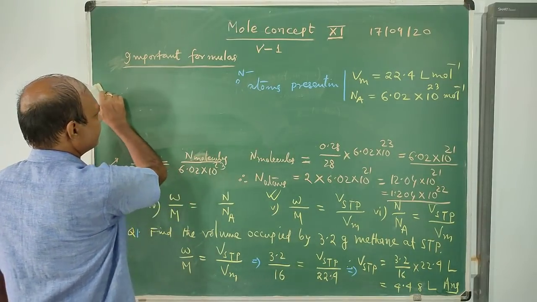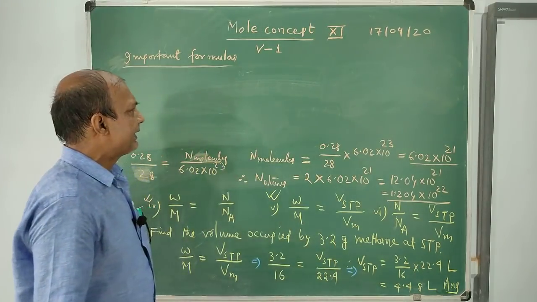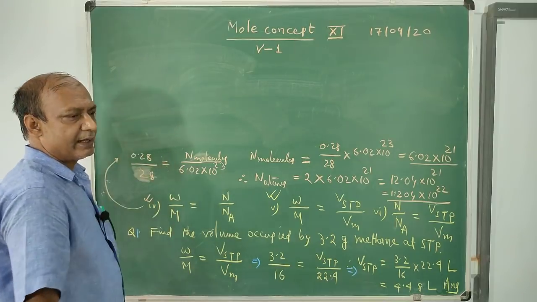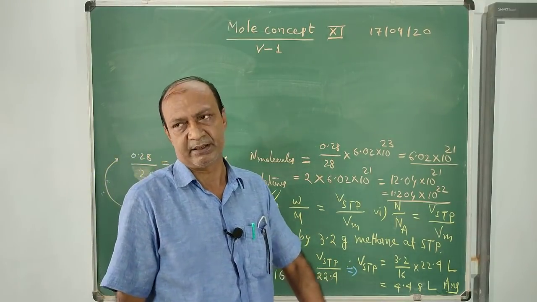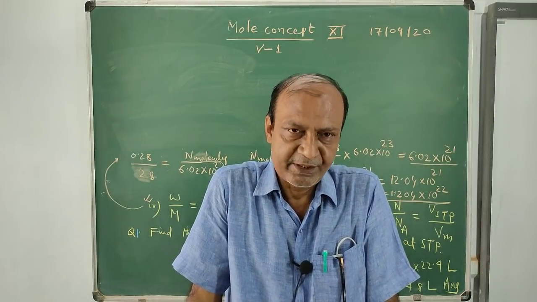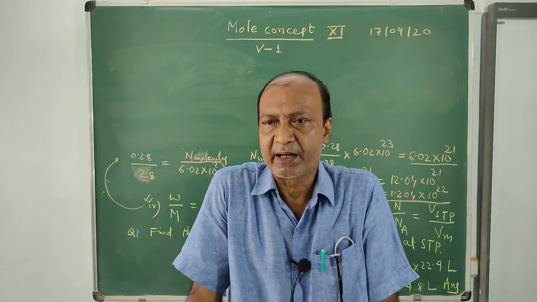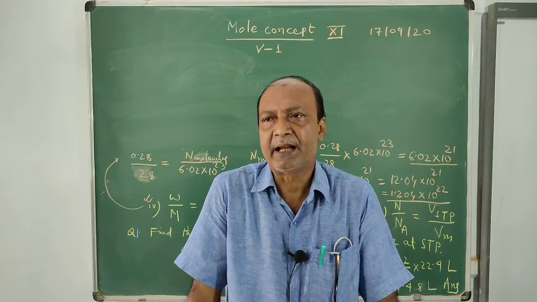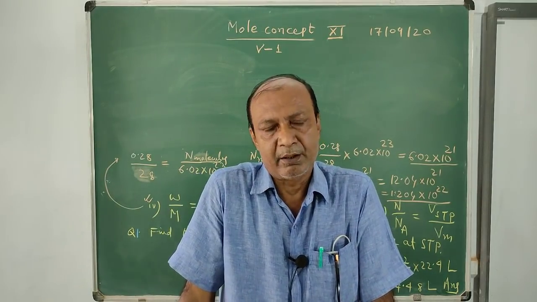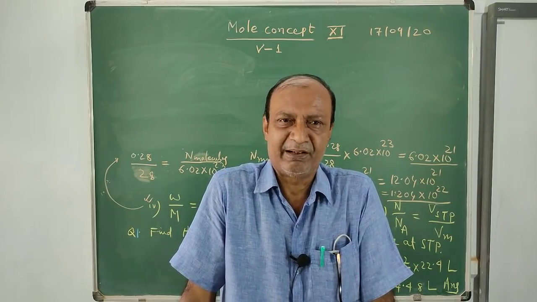Now see, let us take an example of a chemical reaction. Chemical reaction, what is that? Chemical reaction is the synthesis of new substances from one or more reactants. You know that there are different types of chemical reactions: decomposition reaction, combination reaction, double displacement reaction, single displacement reaction.